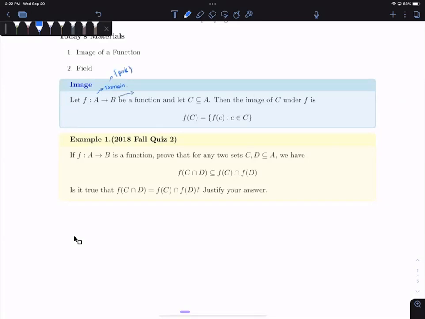And B is your codomain, which is what your Y could be, but it doesn't have to be. So think about your codomain as the set of all the boys. So what the function is doing is mapping every girl to a guy. So you're making them date.